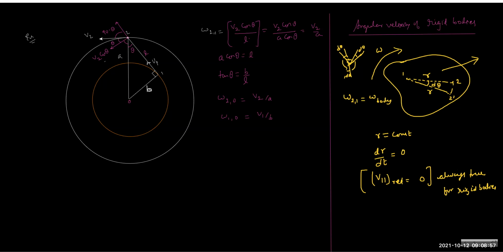Coming from there to here, one subtle change is that dr by dt has suddenly become 0. The v parallel relative has become 0. But the rest of the methodology will remain the same.